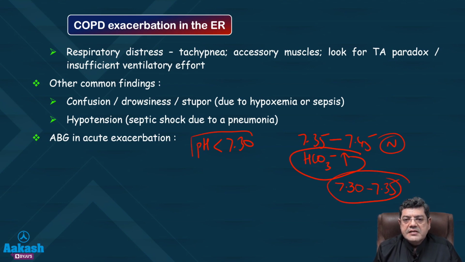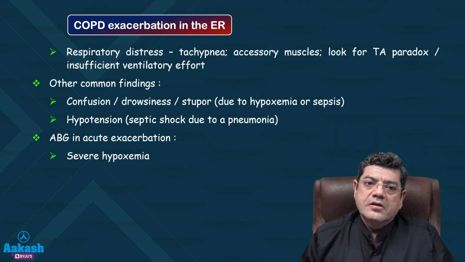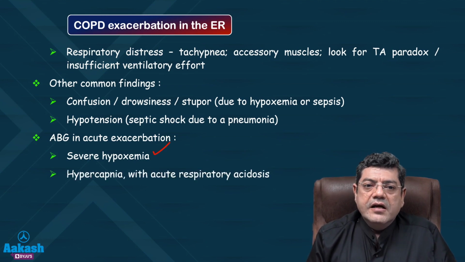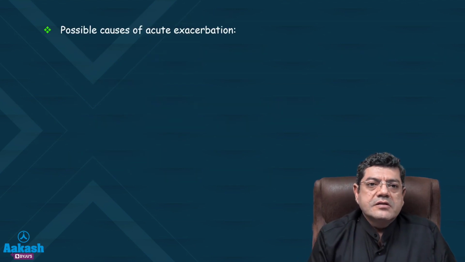When the pH is less than 7.30 with a PCO2 of more than 50, that means this is a recent phenomenon. This is acutely developing respiratory acidosis. Okay. So, on the ABG, you will see severe hypoxemia and you will see hypercapnia with acute respiratory acidosis, right?